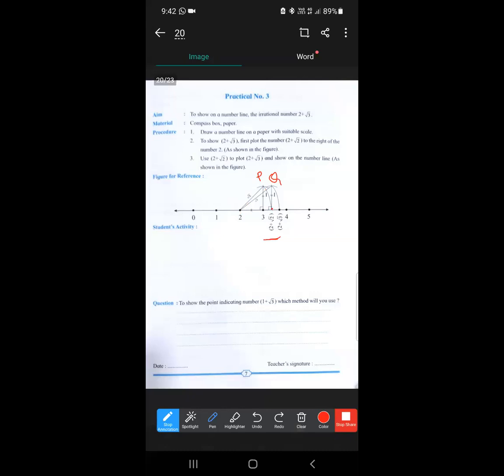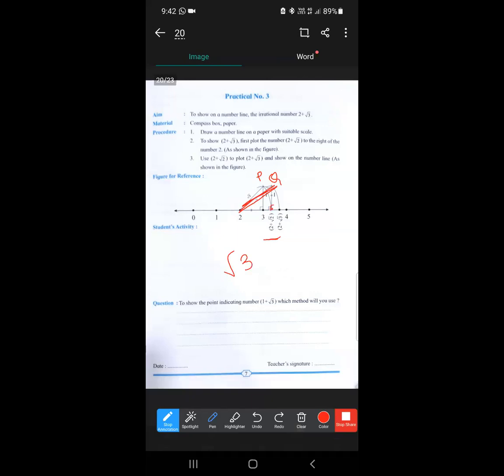Now, wherever it cuts, on that point itself, you will draw the 90 degree. Same method, 1 centimeter, 1 centimeter, you will cut the arc. And here you can see from 2 to Q, they have joined. And this distance, which is opposite to this 90 degree, is root 3.